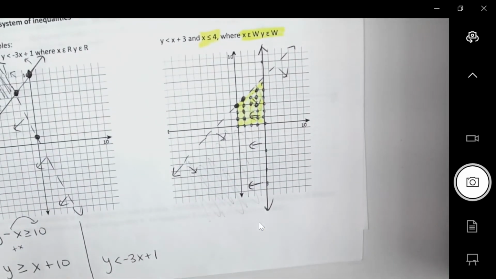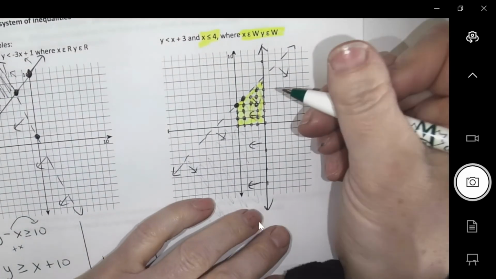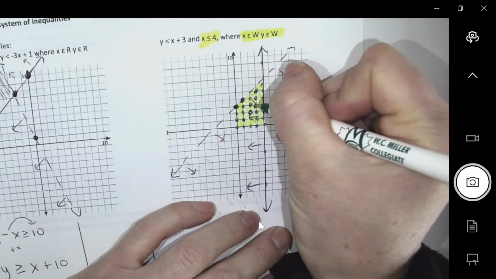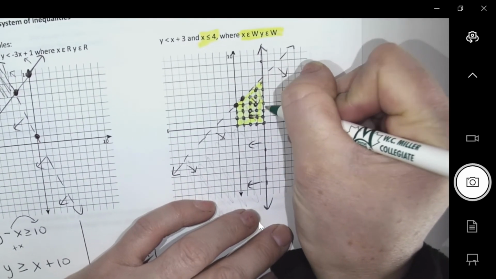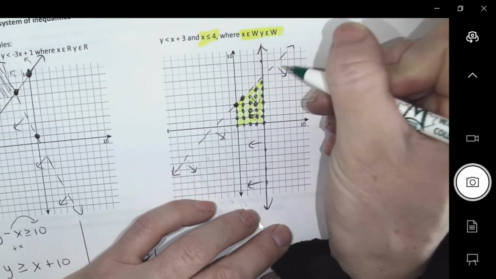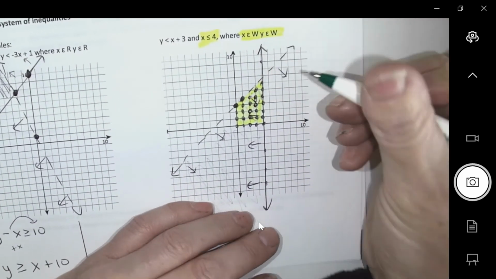So only those dots, these are the only points that will work as solutions, because you had to have whole numbers only. Okay?